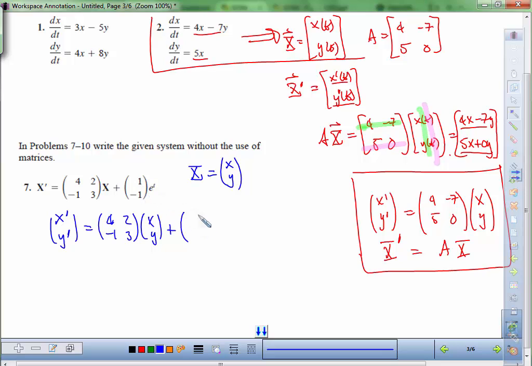So 1 times e to the t and negative 1 times e to the t, just so I can have that as a big package. And then I'll just do this matrix multiplication now. This is going to be 4x plus 2y, and then a negative x plus 3y.